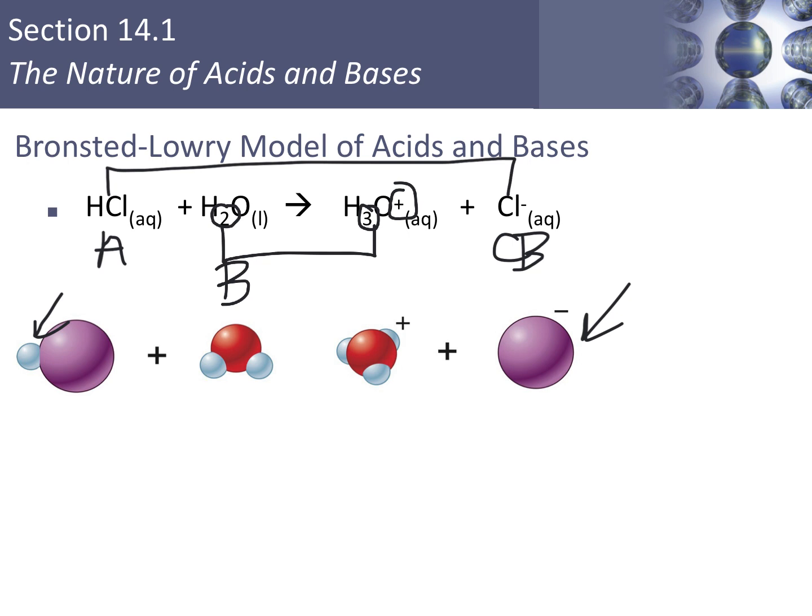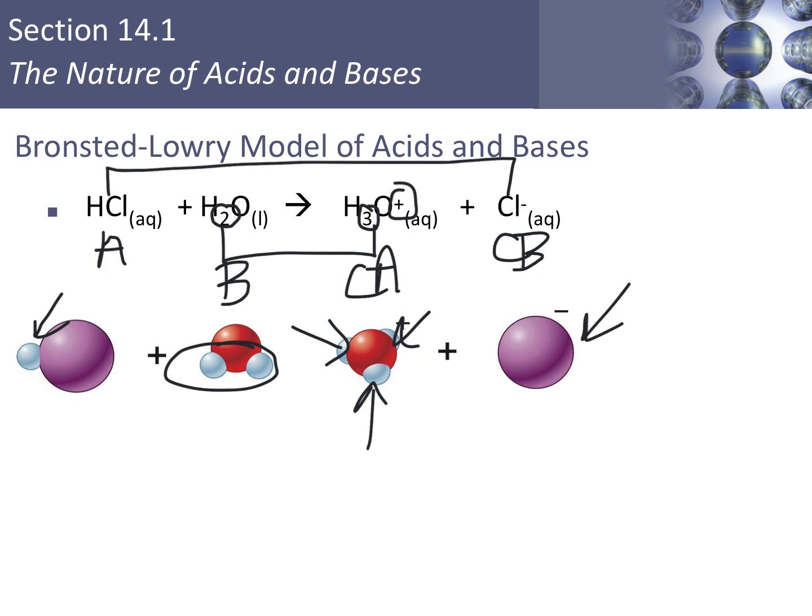It has accepted a proton. Its conjugate is referred to as a conjugate acid. In the diagram below, once again, you can see 2 hydrogens, and then the conjugate has 3 hydrogens, showing that a proton has been accepted.